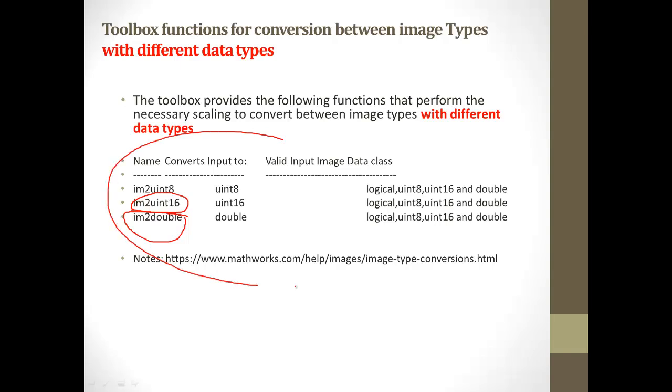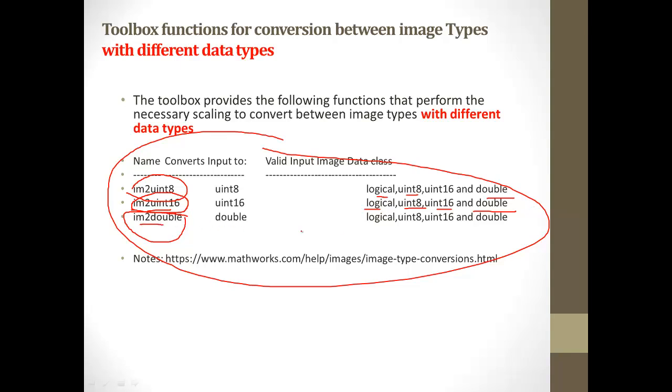I list here the input image types and output image types. For example, for this function, the input image type can be logical, unsigned 8 bits, unsigned 16 bits, and double. Also for this function, the input can also be logical, unsigned 8 bits, unsigned 16 bits, and double image types.